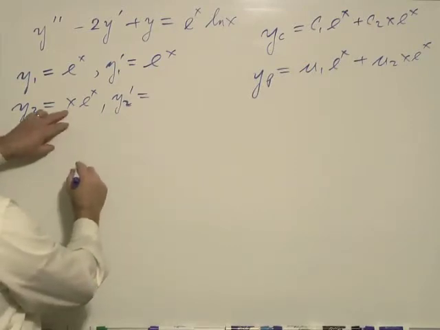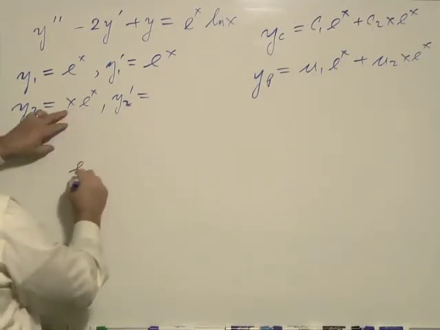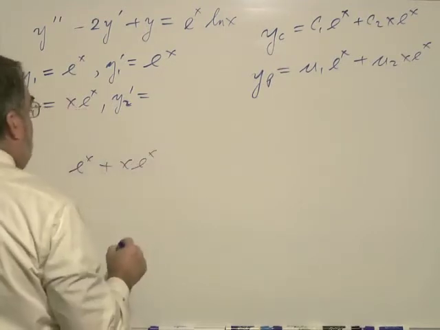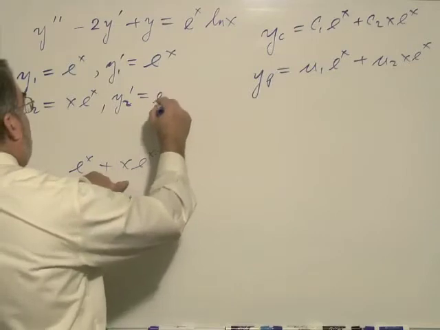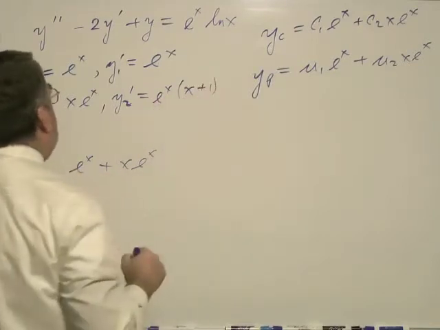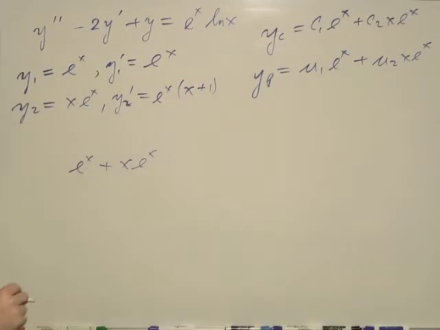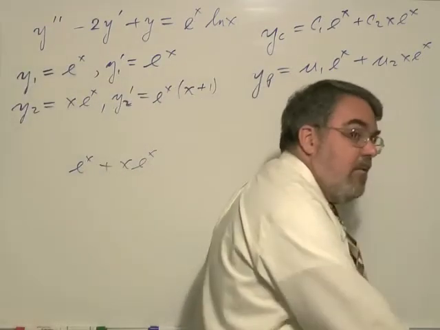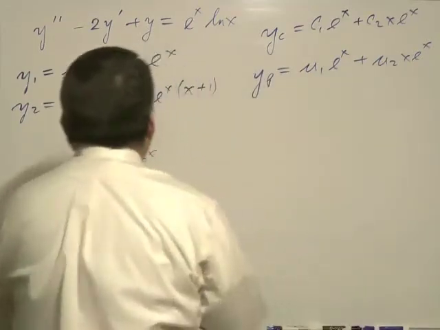This derivative is going to be 1 times e^x plus x times e^x, so I'm going to write this as e^x (x + 1). There we go. So we have the y's and their associated derivatives in place.